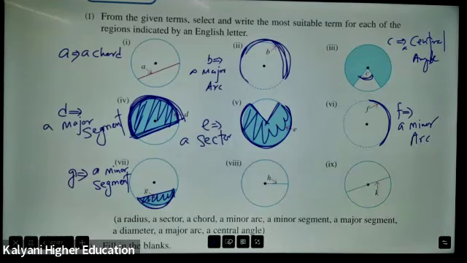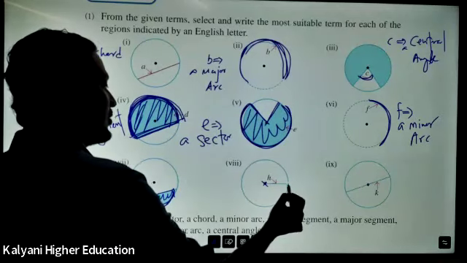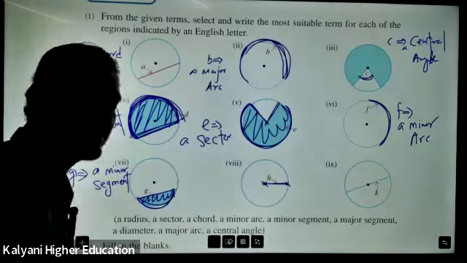The eighth one. A radius. What is the name of this distance from the center to the circumference? A radius.